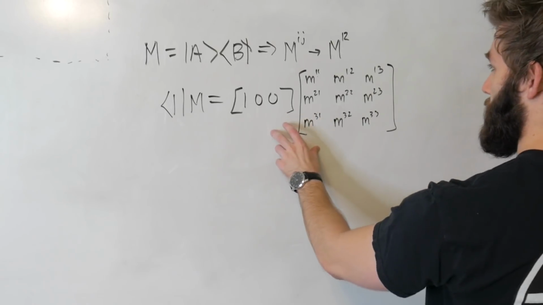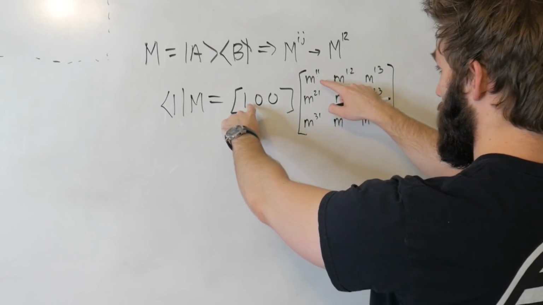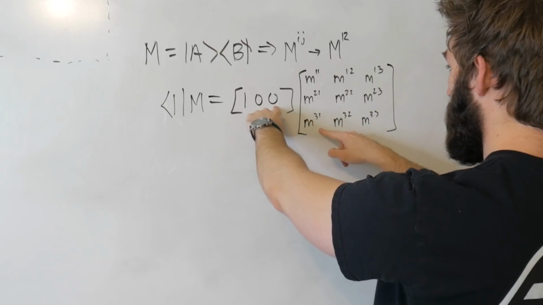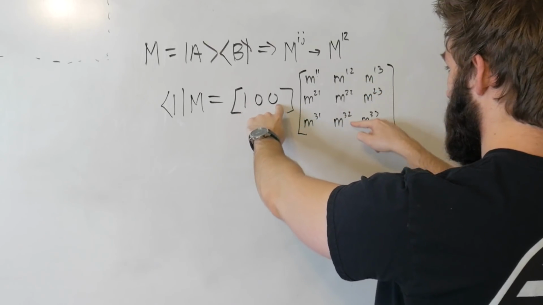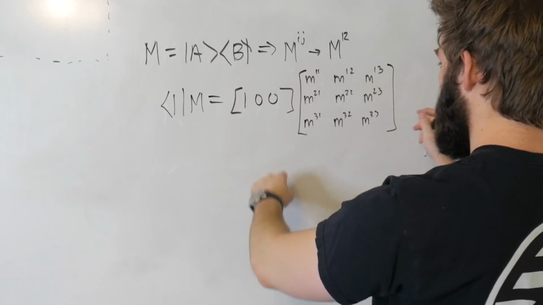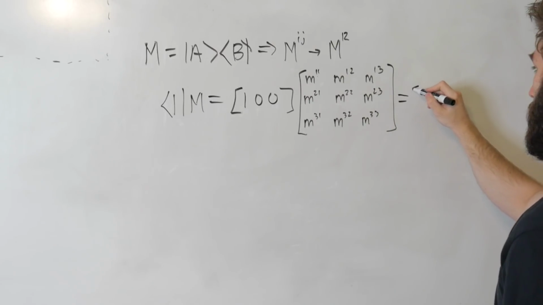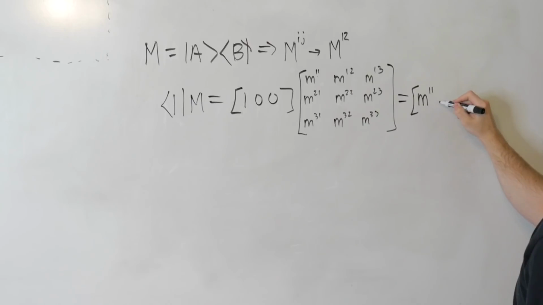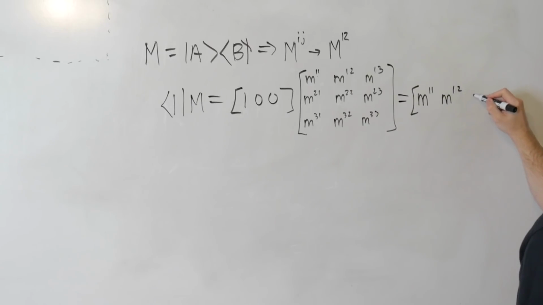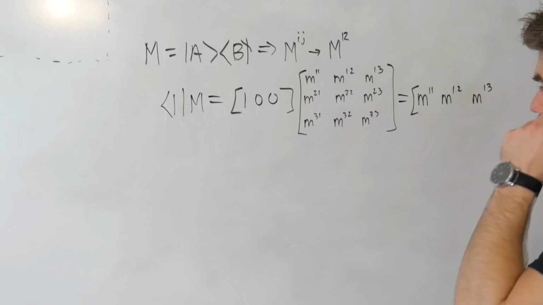And when we multiply this together, we get M11, then this is 0, M12, then this is 0, M13, then this is 0. So this spits out another row vector. This is going to give us M11, M12, and M13.